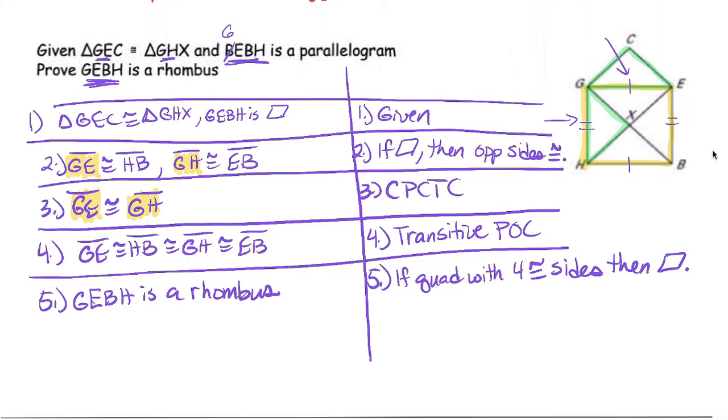Not parallelogram. I was going for rhombus, then rhombus. There we go. All right, so that is a proof involving parallelograms and special parallelograms.